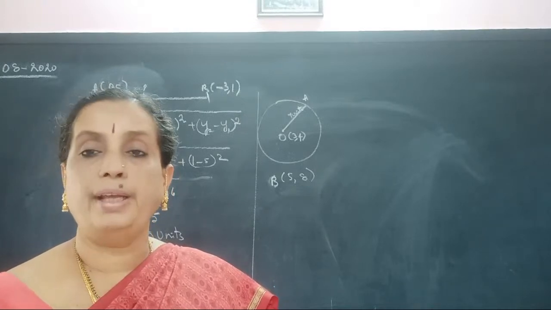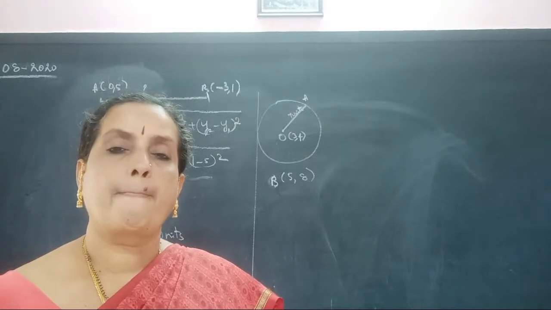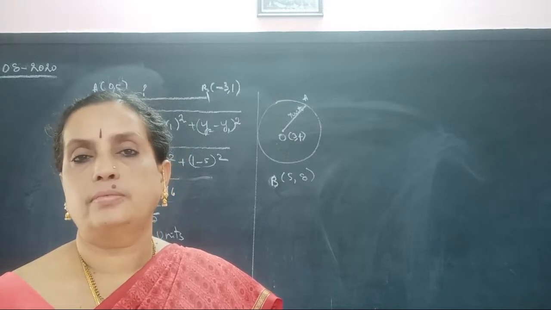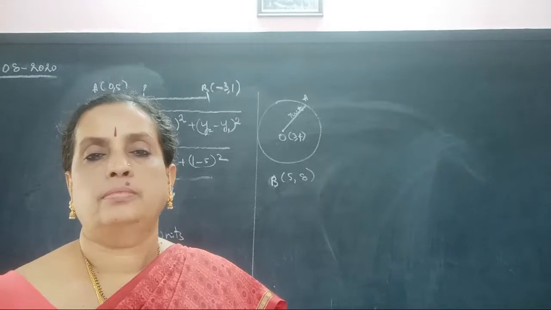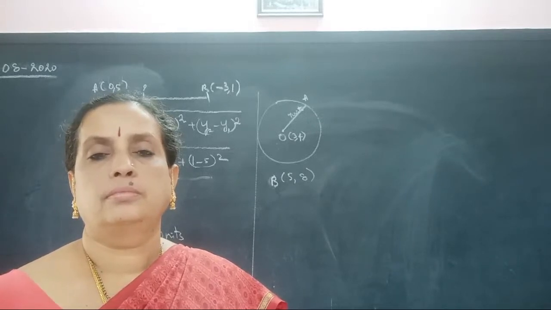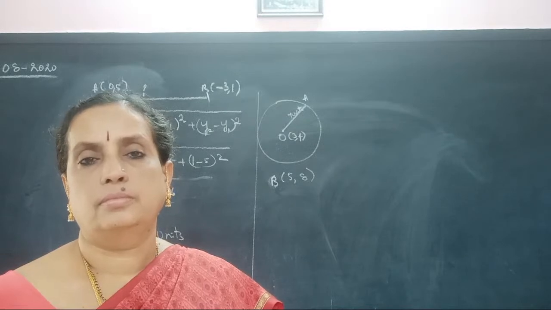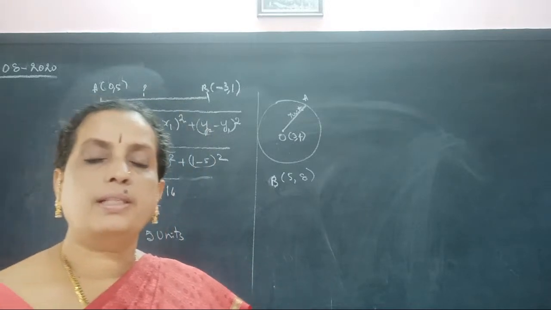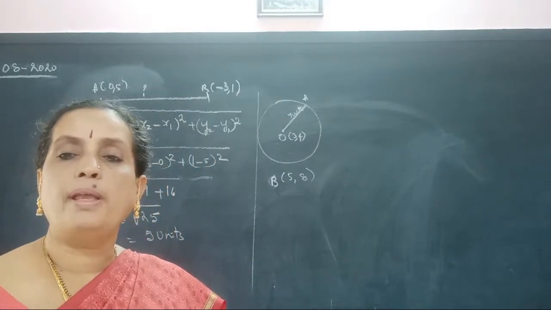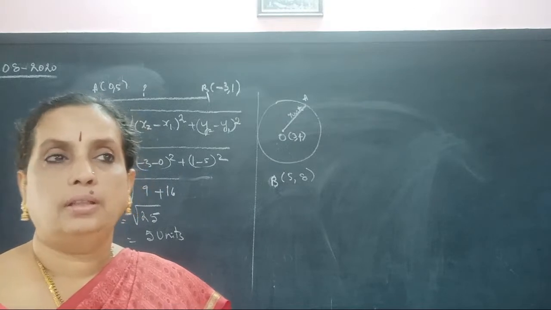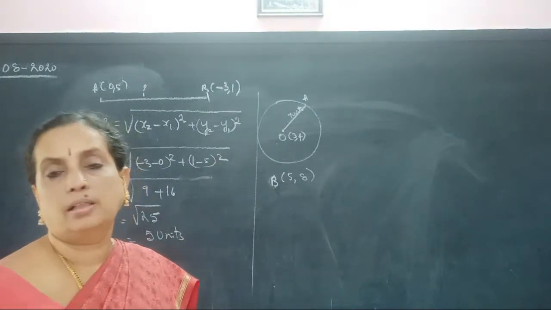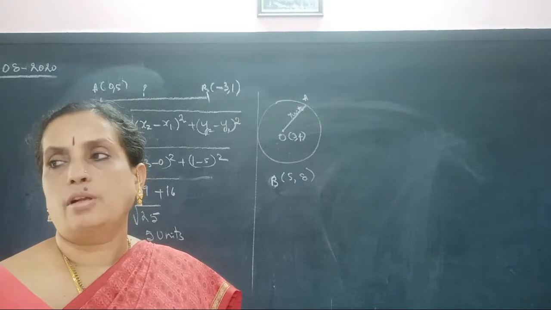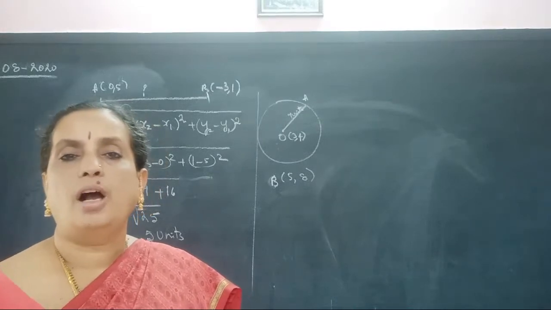How could we determine? Nobody knows the answer. If you find the distance O to B, if OB is less than 7 units, the point is inside the circle. Exactly equal to 7 units, it is on the circle. Greater than 7 units, it is outside the circle.